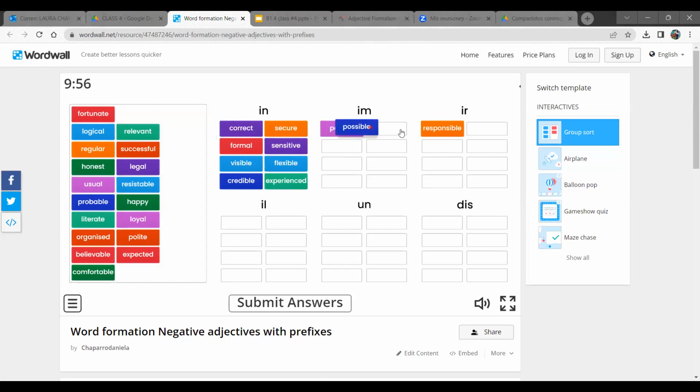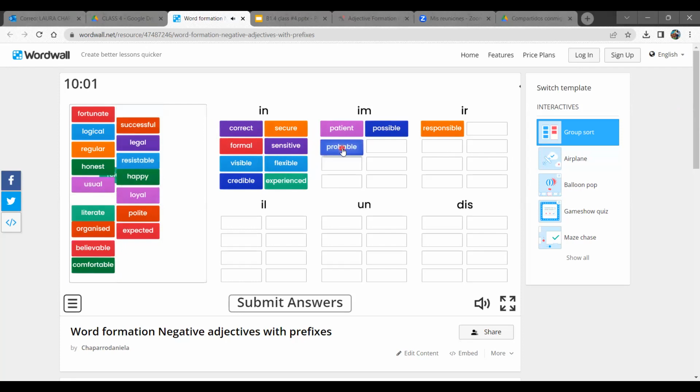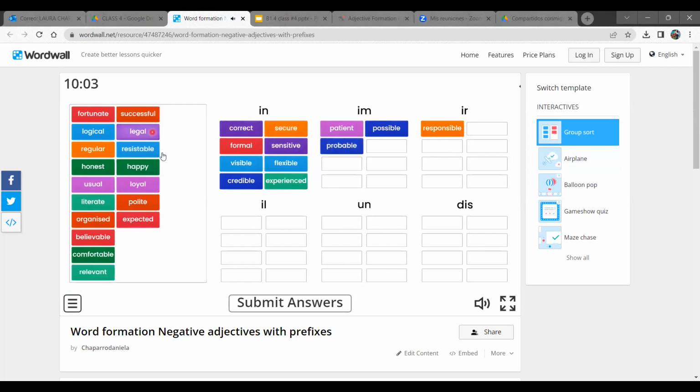Impolite. Polite, impolite. So we have patient, impatient, probable, improbable, possible, impossible, polite, impolite. Very good. We don't have more for this category.